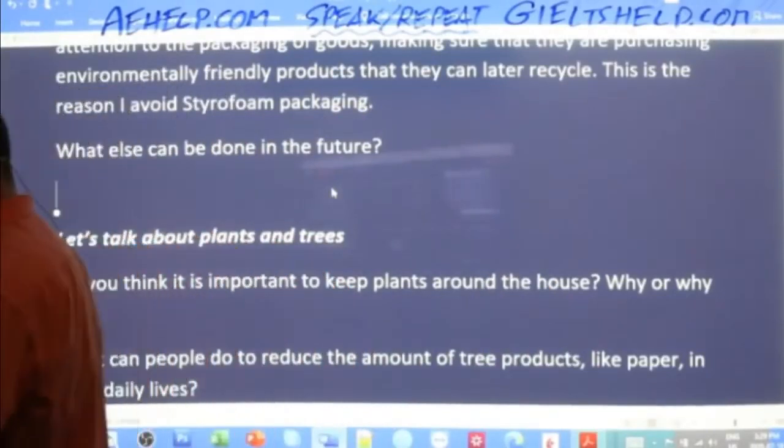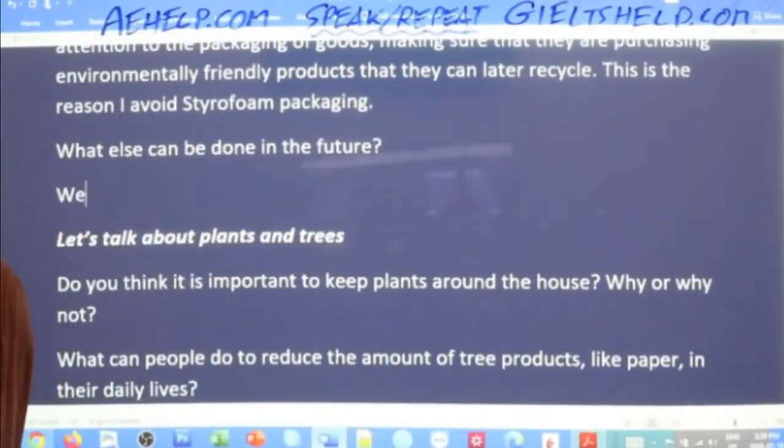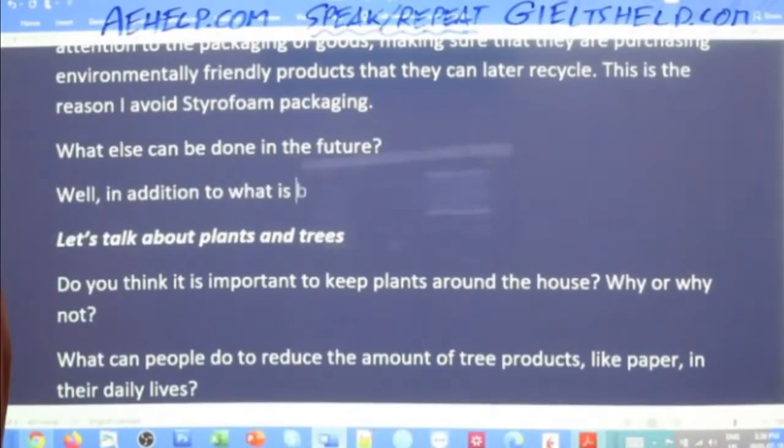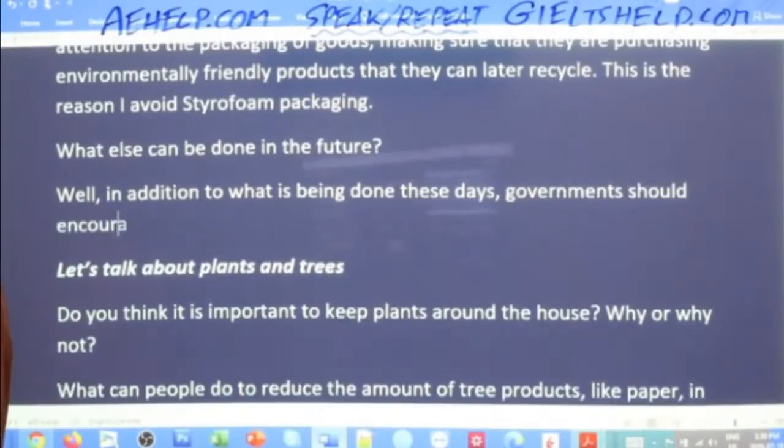Okay, here's my answer. Well, in addition to what is being done these days, governments should encourage people to use less and not overconsume.